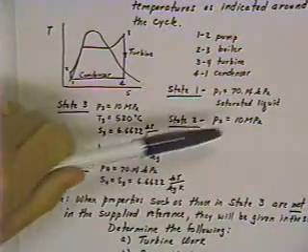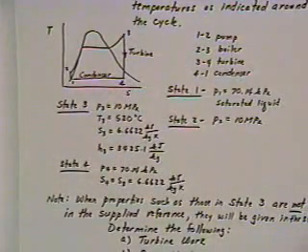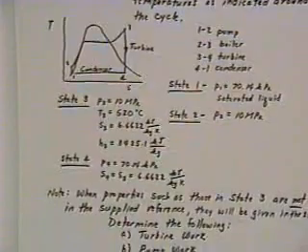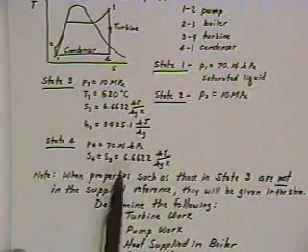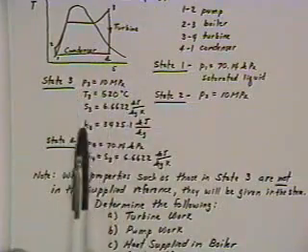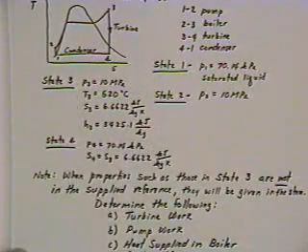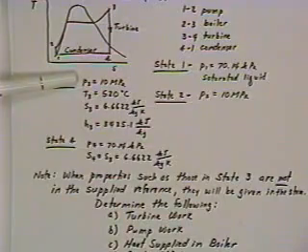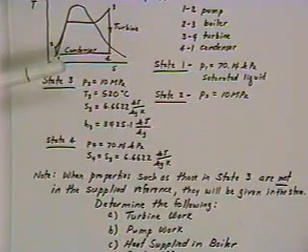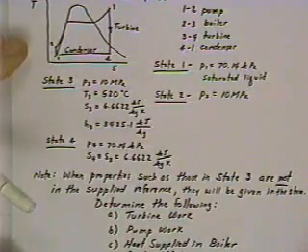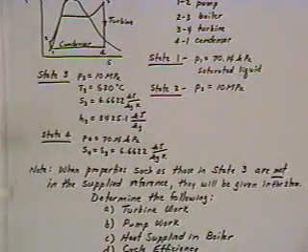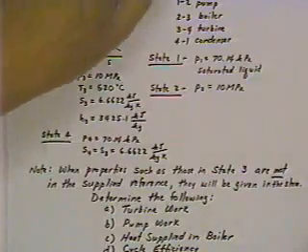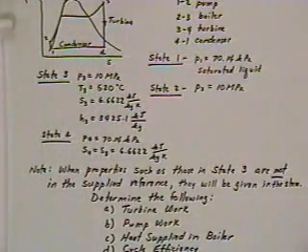Now, one of the things that it's important to point out to you is that if you look back in the tables in your reference manual, you wouldn't find these properties in there because our reference manual doesn't provide pressures as high as 10 megapascals. And so that doesn't limit you, however, in solving problems of this type, because all of this that we're talking about here would be considered to be the stem of the problem.